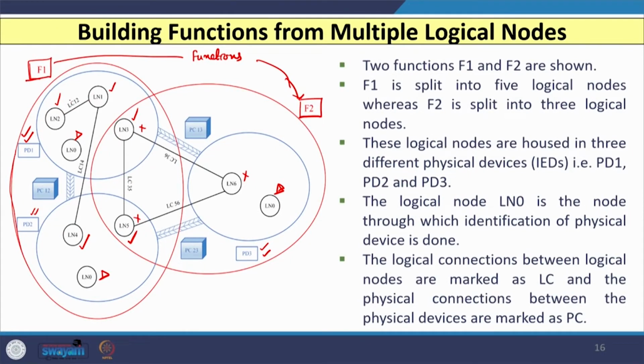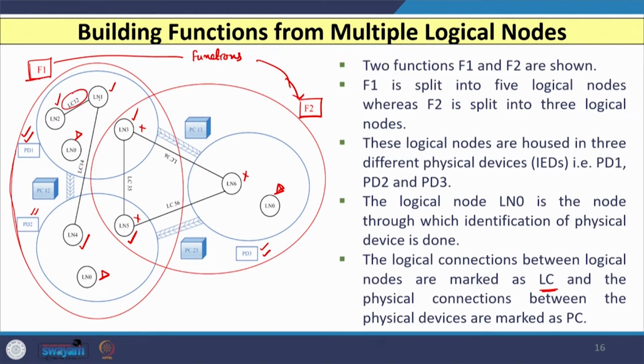Now, you can see that two logical nodes, let us say LN1 and LN2, are connected by a logical connection, given the name LC, that is logical connection, and as it is connected between 1 and 2, the term LC12 is mentioned here. So, between two nodes we have a logical connection which is indicated by the symbol LC.